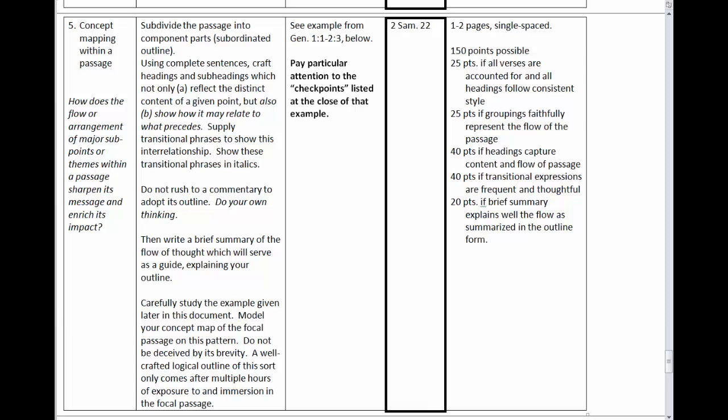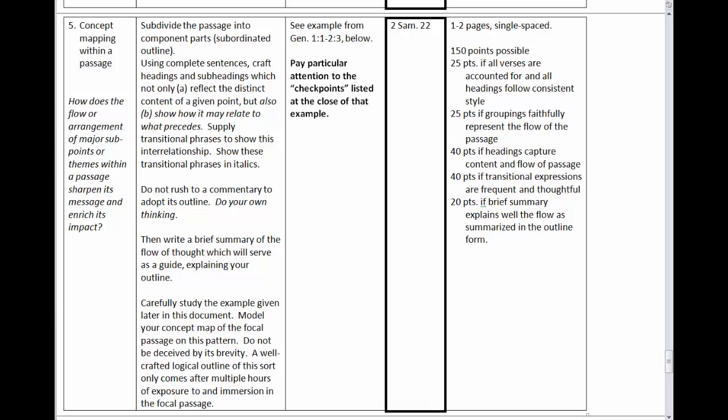Here again is an aspect of a logical outline which is different than a standard sort of reductionist outline that simply boils down the components. Notice, please, this concept that we want you to show how a given heading relates to what precedes.